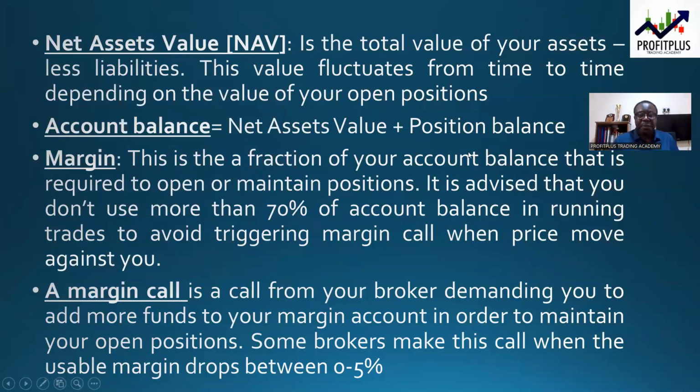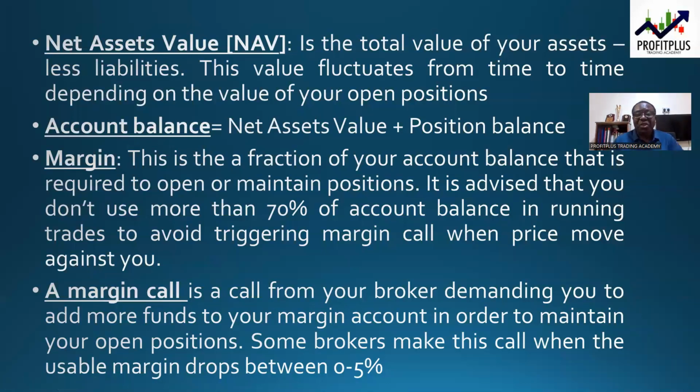Now, account balance. The account balance here is net asset value plus the position value. So the net asset value is, let's say, 4,500, and your position balance is $550, so your account balance would have increased. It's just simple mathematics. The margin, what is margin?